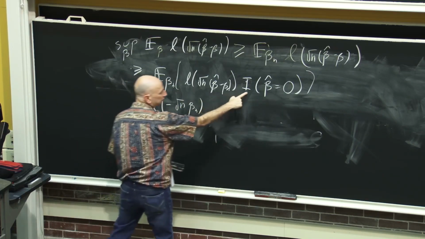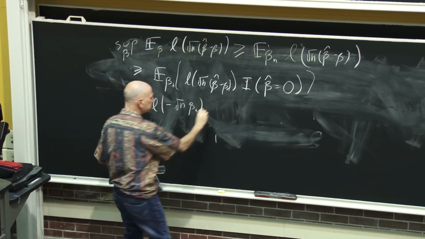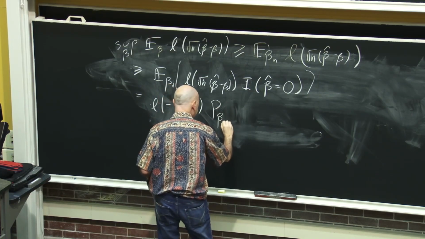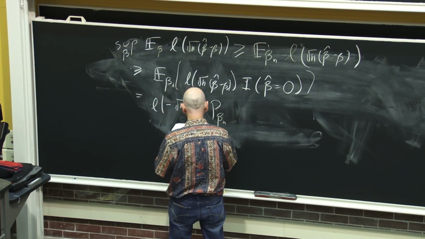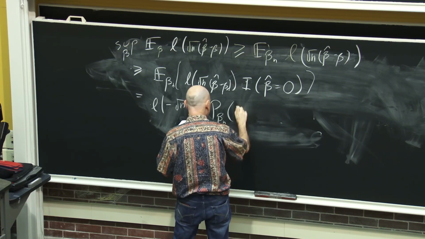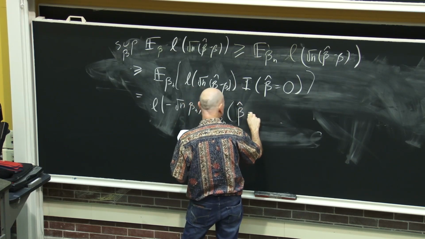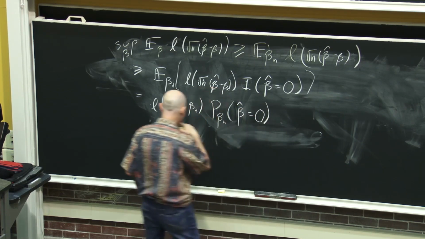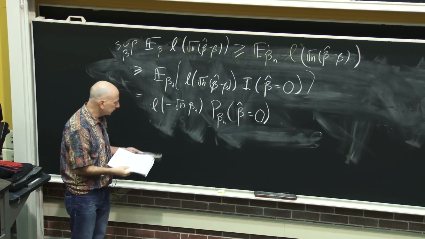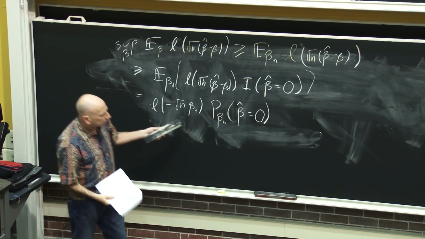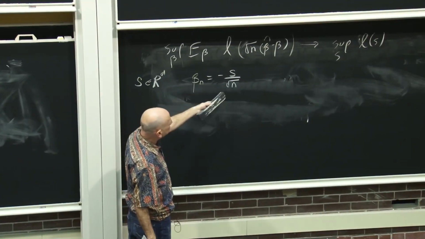And the expected value of an indicator is a probability. So that's the probability under beta n. But if I look at beta n and multiply it by minus root n, I get s by construction.